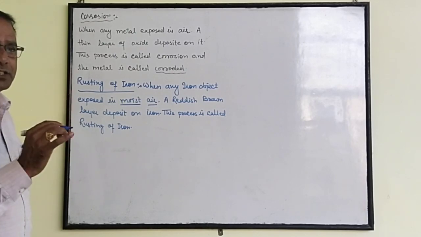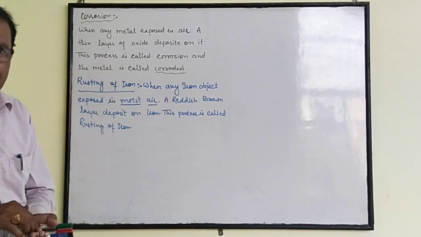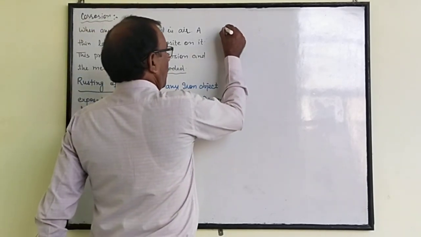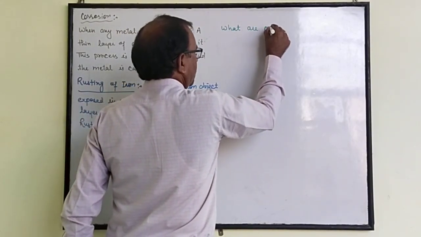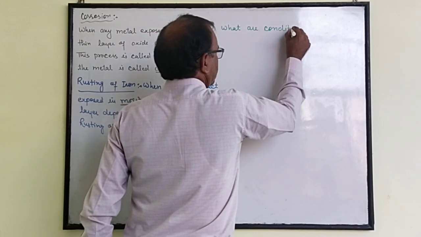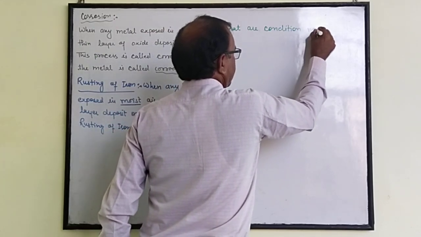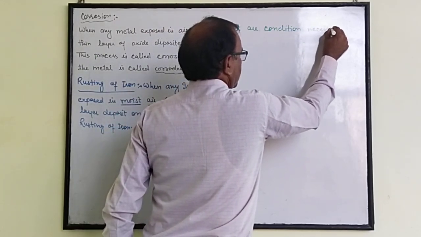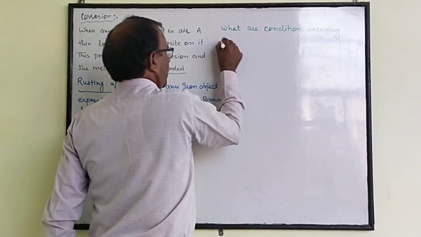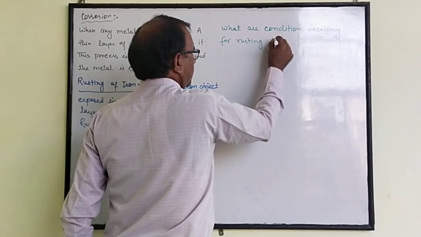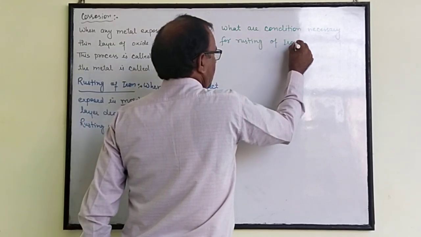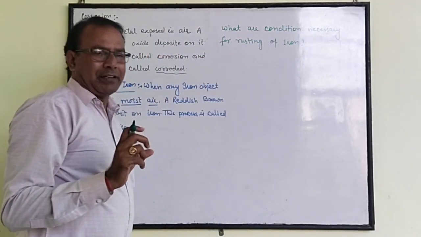What are the conditions essential for rusting of iron? There are two conditions.